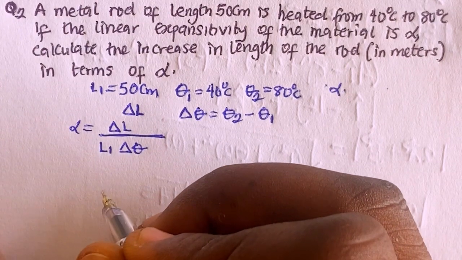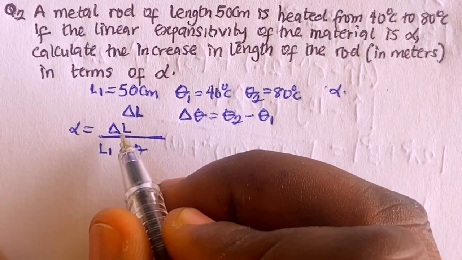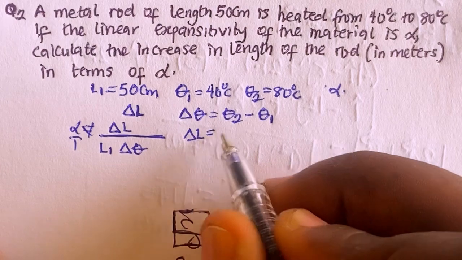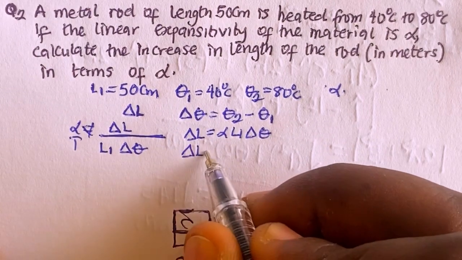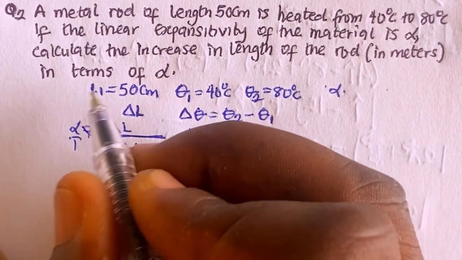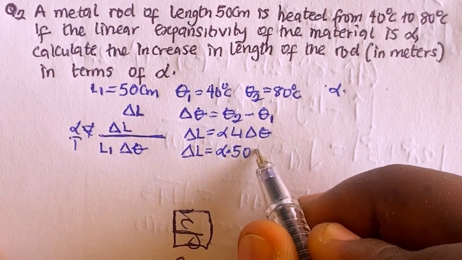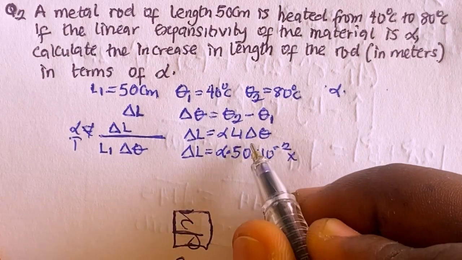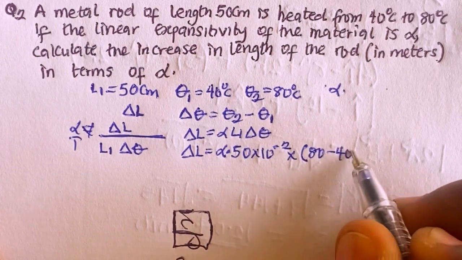Making delta L the subject, I have delta L equals alpha L1 delta theta. My L1 is 50, and in this case I have to convert to meter, so that will be alpha times 50 times 10 raised to minus 2, then multiplied by my change in theta, which is in bracket 80 minus 40.